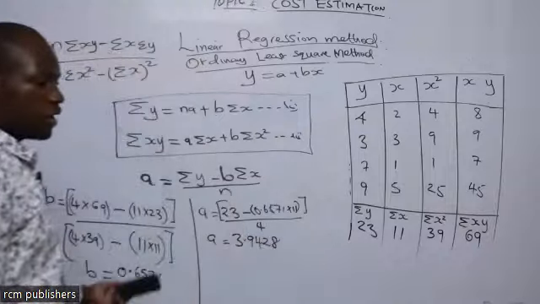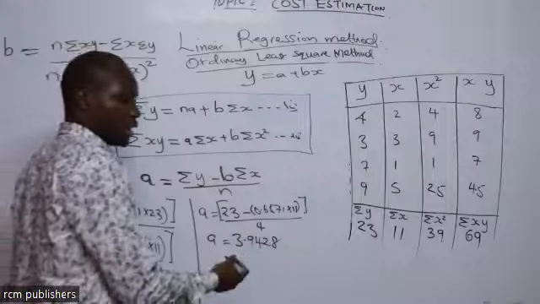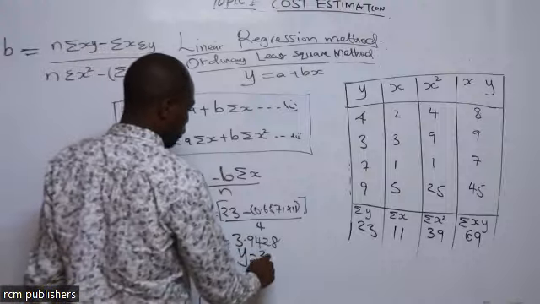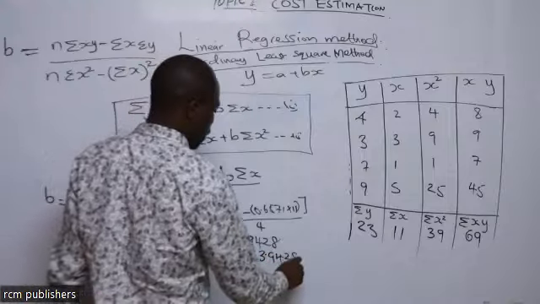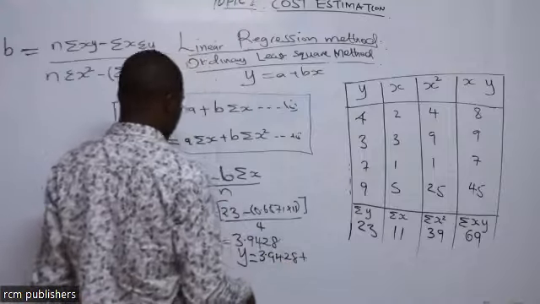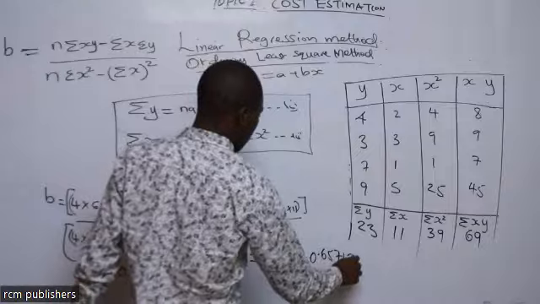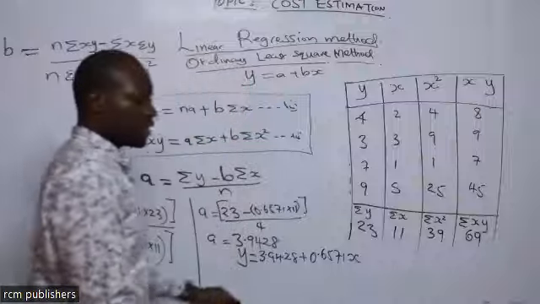So once we have the value of A, we can now go ahead and get our cost function. Y is equal to A, which is 3.9428, plus B X. Our B is here, 0.6571 X. That's the function.